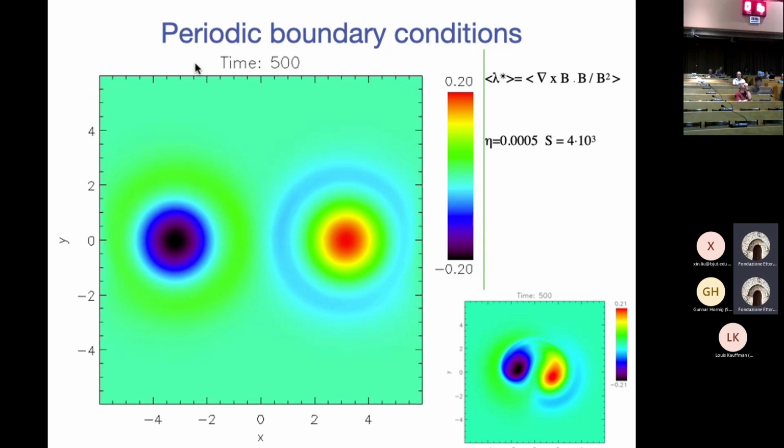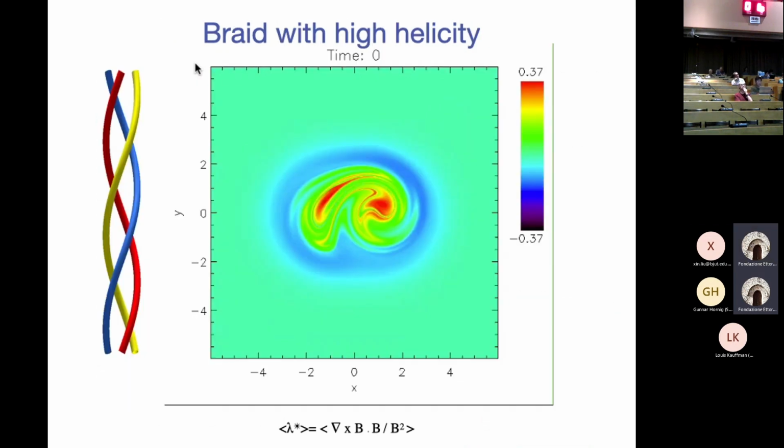The line tying has kept these two flux tubes together, and now they can separate as far as I want, or as far as the box allows. If you compare this with the line-tied case here on the right. We tried various other things.